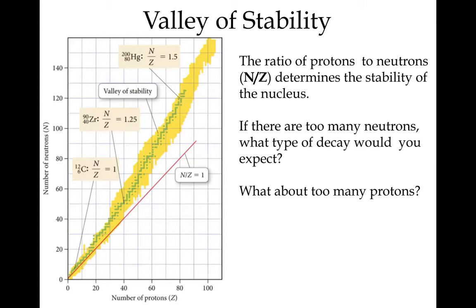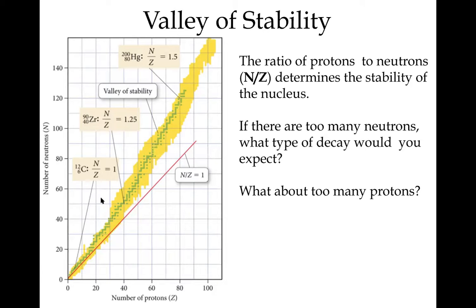And if you look at these green dots here, all along this diagonal flare, the green dots are going to represent stable nuclei. Okay, that is the valley of stability.